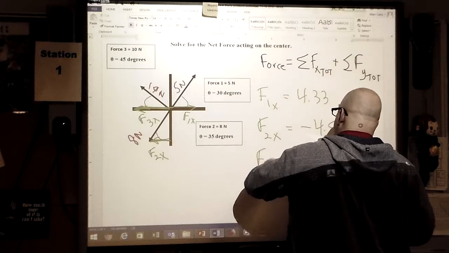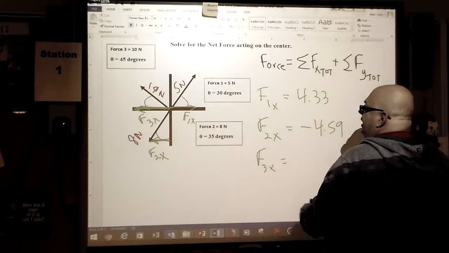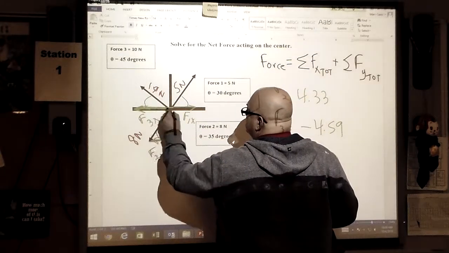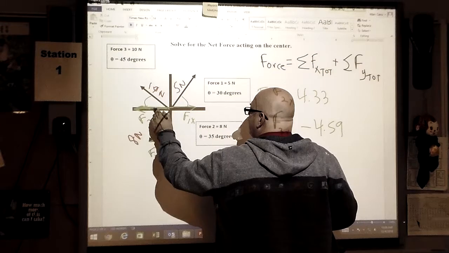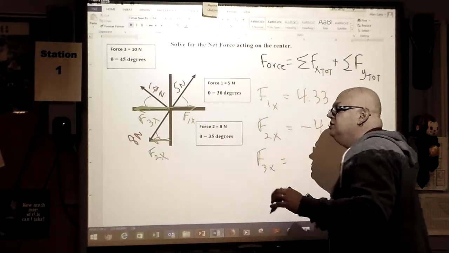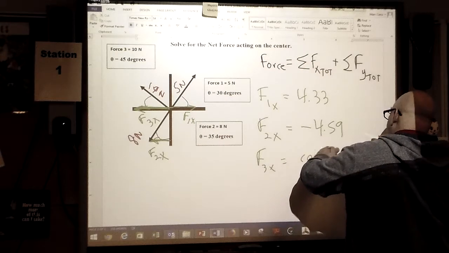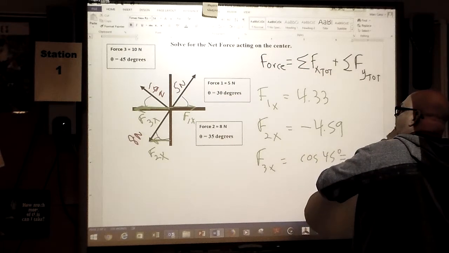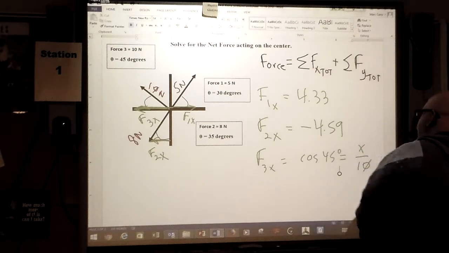This should speed things up a little bit. For F3 in the x, here is our x, here is our angle of 45 degrees, so that's adjacent over hypotenuse, so that's going to be cosine. The cosine of 45 degrees equals our adjacent x over the hypotenuse of 10.